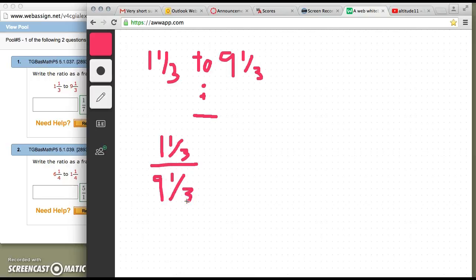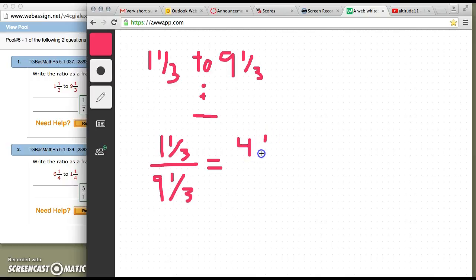All right, and we can go ahead and simplify this fraction first by rewriting these mixed numbers as their fraction equivalents. So 1 1/3, that is the same thing as the denominator 3 times the whole number 1. So 3 times 1 is 3. Add the numerator, add 1. 3 plus 1 is 4.